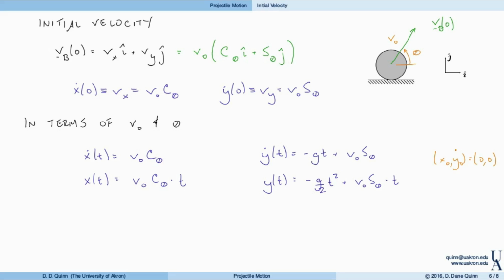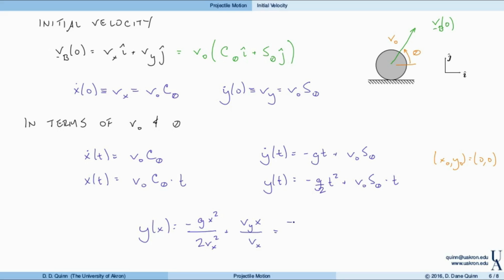If the initial position of the particle is not at the origin, then we'll have some additional contributions to the position measurements from that initial displacement. And then finally, the trajectory, y of x, in terms of these expressions. Let's recall what that was: minus g x squared divided by 2 Vx squared plus Vy times x divided by Vx.